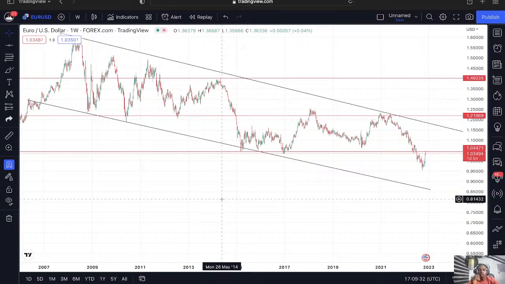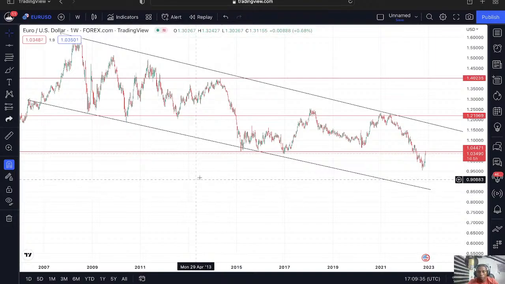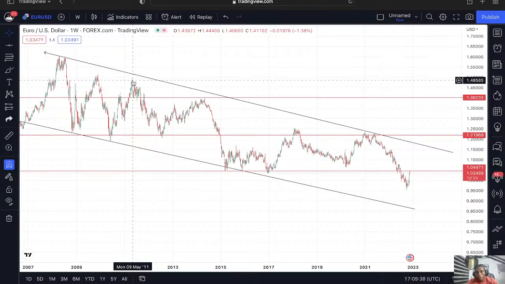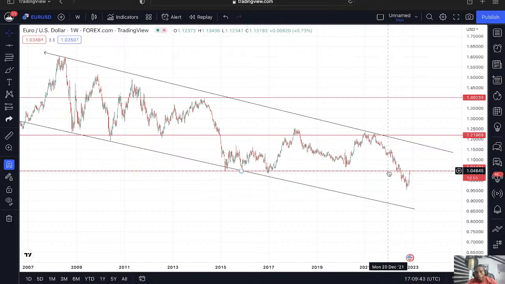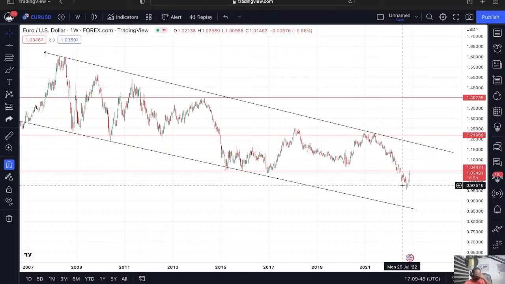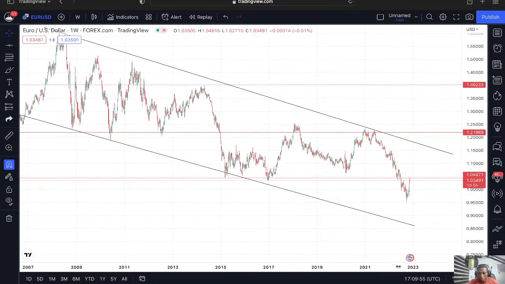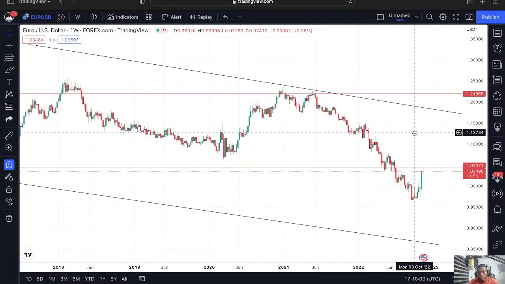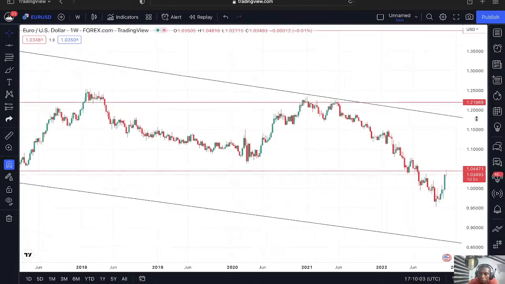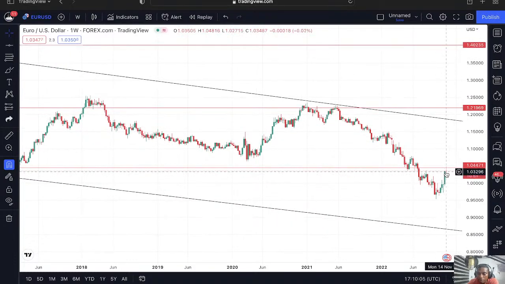Good. So we can see the channel of our downtrend. We can see that there has been a consistent support level here before price broke out of this level. So we need to pay attention to this level where a breakout took place.